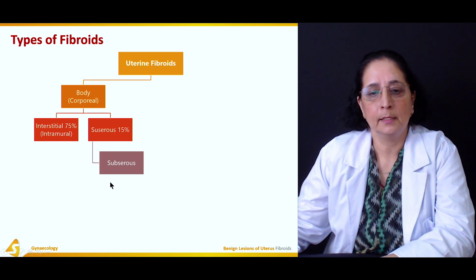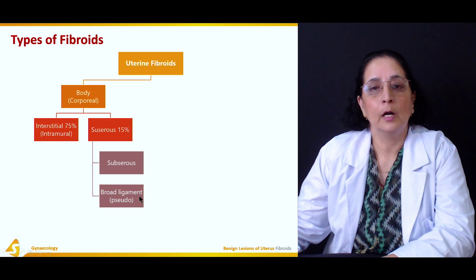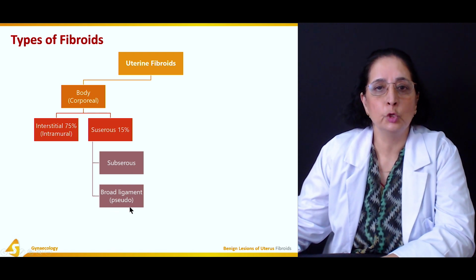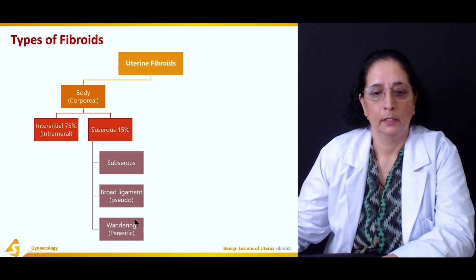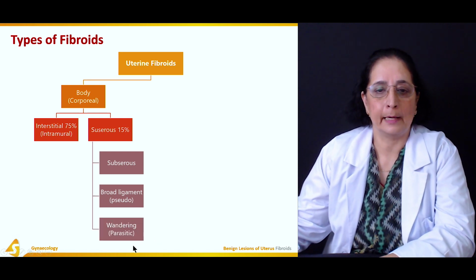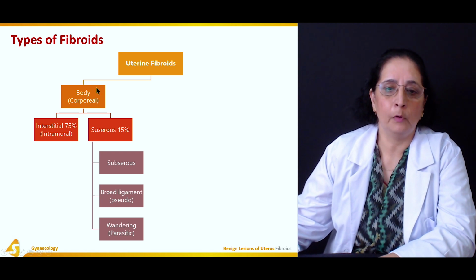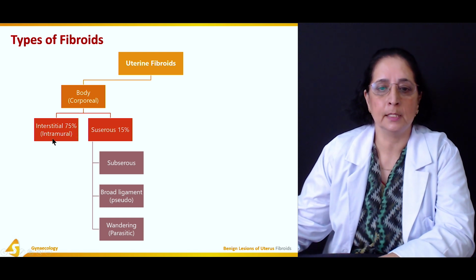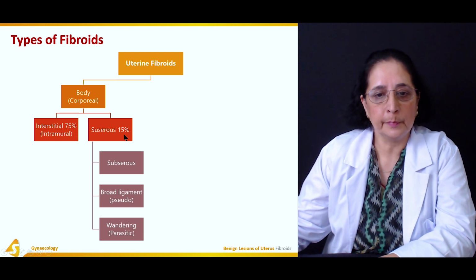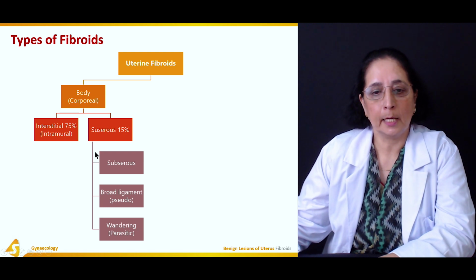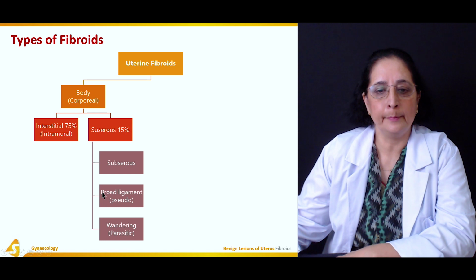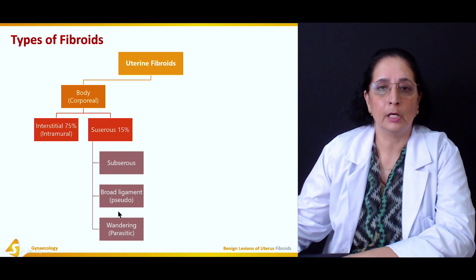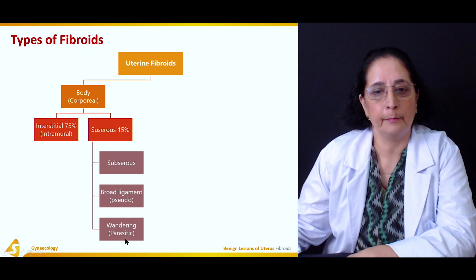Serous means subserous, below the serous. They can be in the broad ligament, which are known as pseudo or false fibroids, or they can be wandering, which are known as parasitic fibroids.